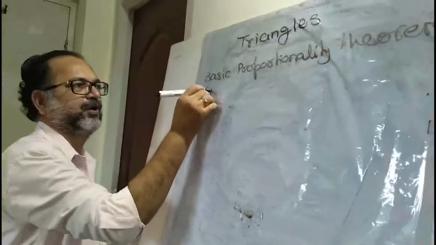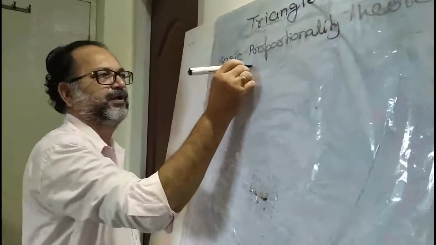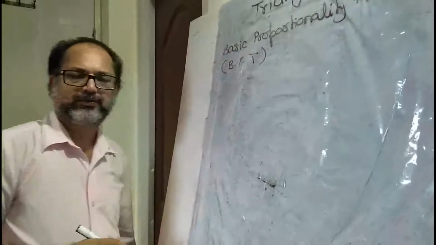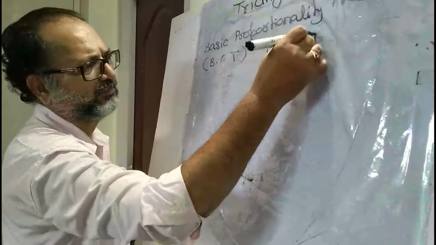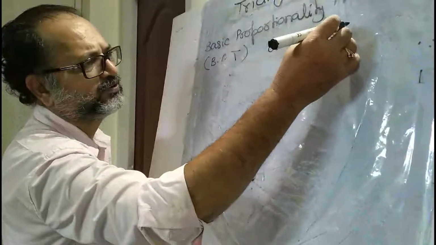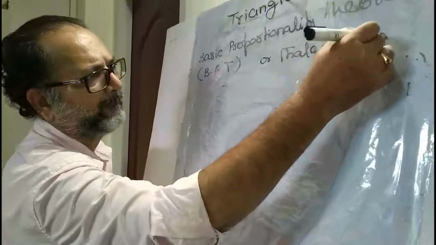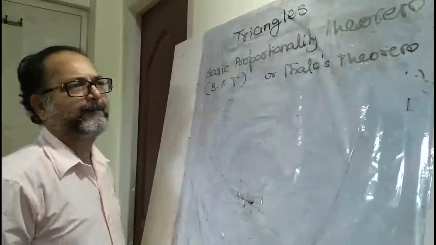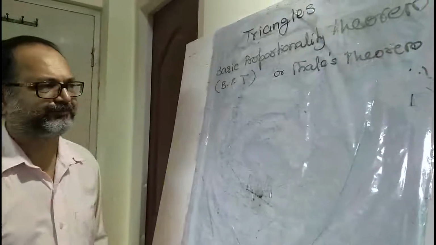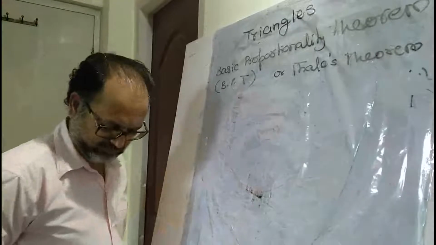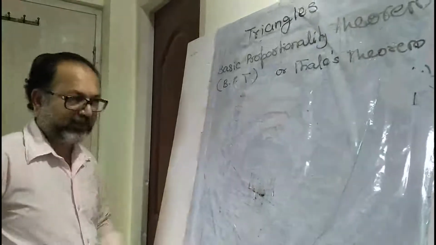Also in short we call it BPT, T stands for theorem. It is also known as Thales' theorem because Thales was a mathematician who proved this theorem. Now what does the theorem state? Let me draw and explain.